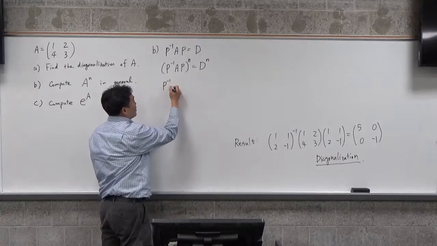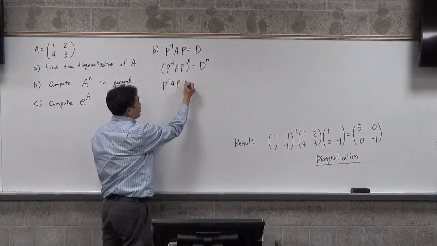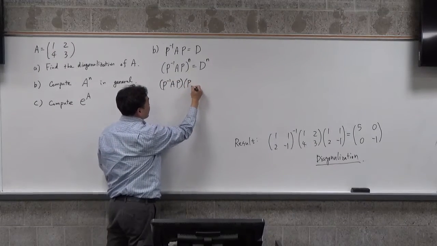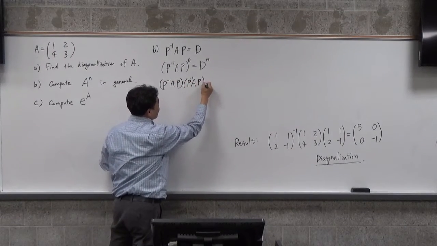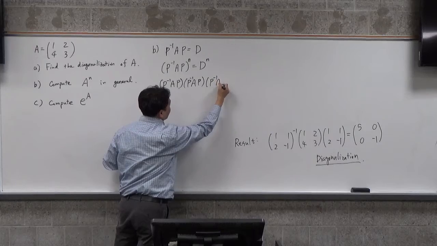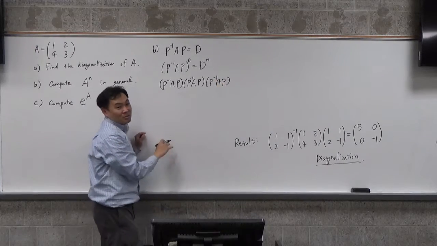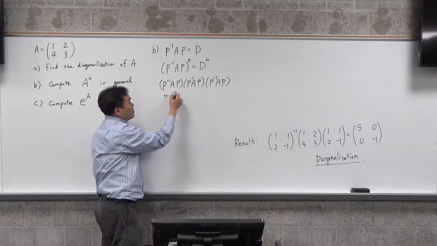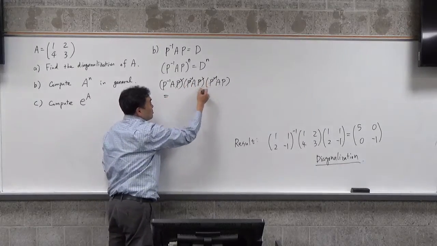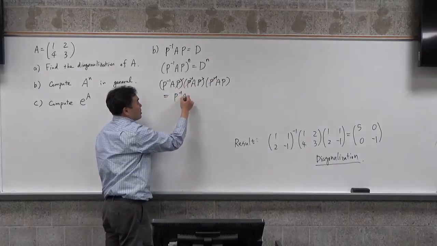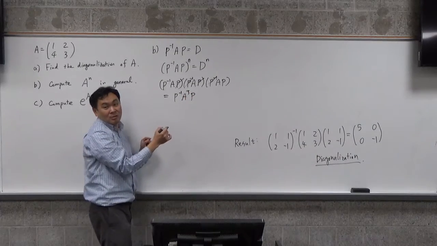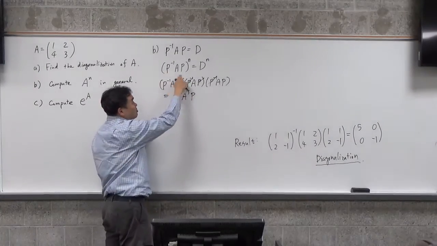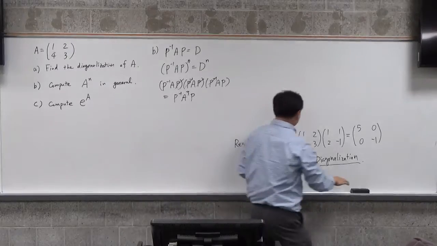Why is conjugate important? Because if you have, say, this multiplied by itself 3 times, what happens? This can be simplified, right? They cancel, and you end up with P inverse A cubed P, right? So if you take the general nth power, what happens on the left side?